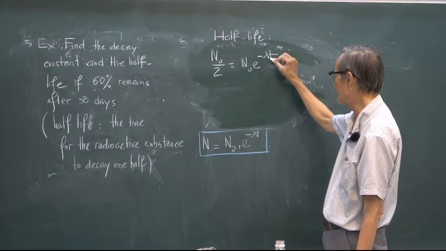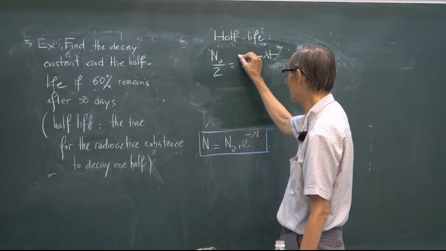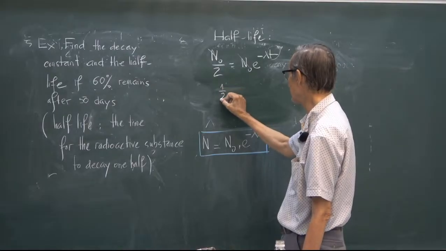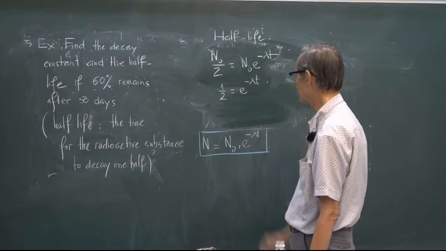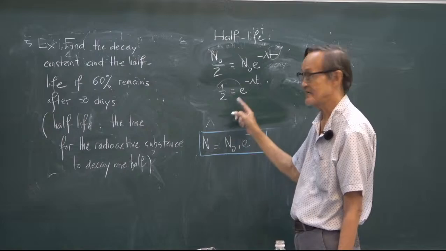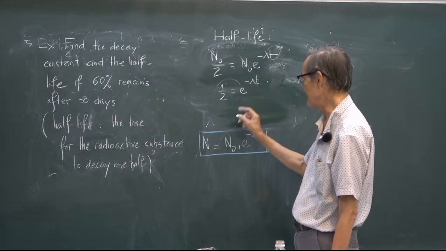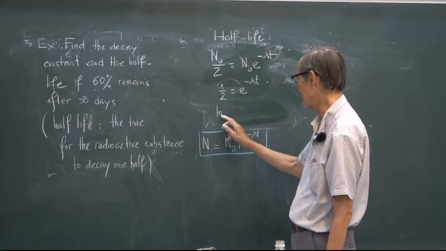Half-life here is t. We have delete N0, 1 over 2 equals e power minus lambda t. Move the exponential function with base e, we have its inverse function, natural log.